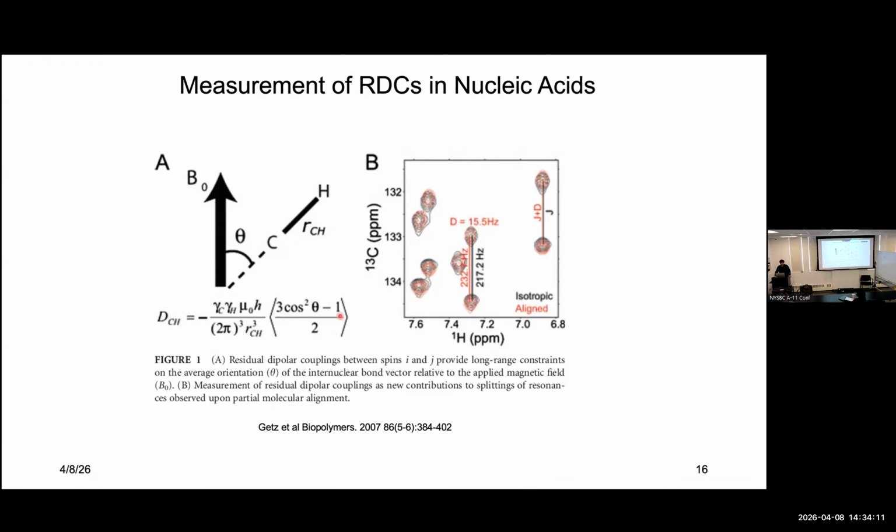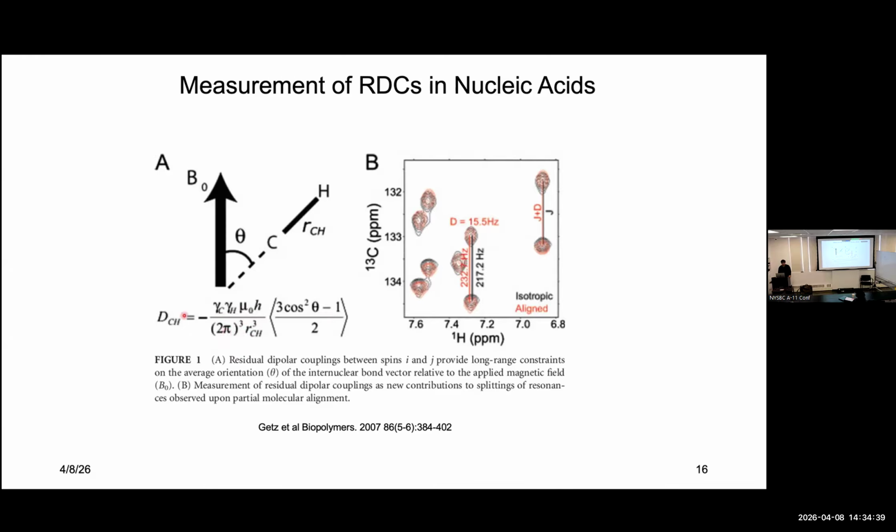Anyone know what theta should be roughly? Let's solve for theta. So I can tell you this term is roughly, let's take an NH bond, 24,000 hertz. Notice it's in units of hertz because the angular term is unitless. So I have 24,000 hertz here.